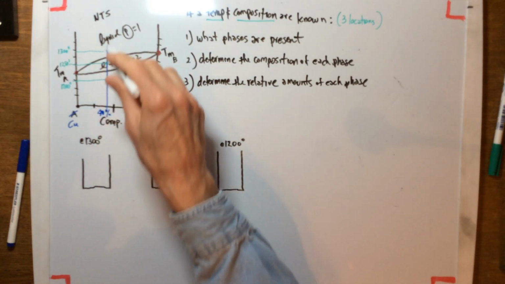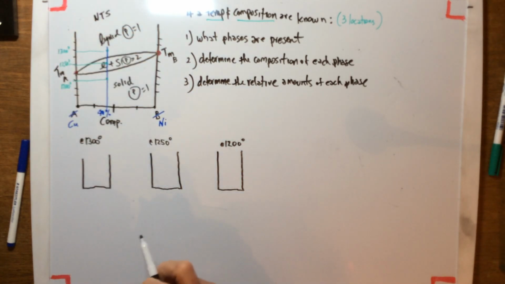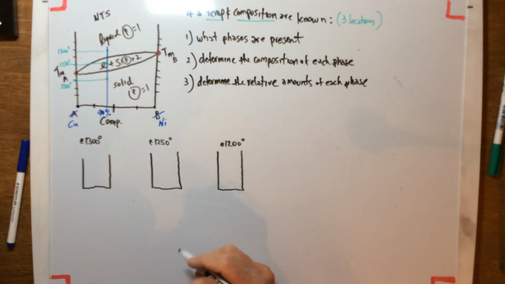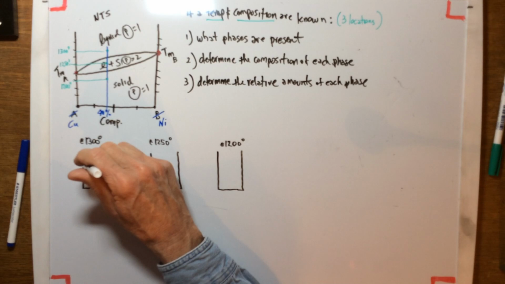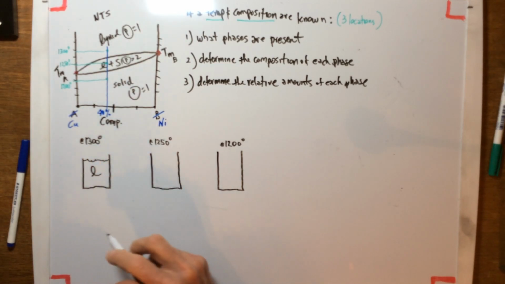At the 1300 degrees, which is up here, what phases are present? It's going to be all liquid. I know that's not what it looks like, but basically it's going to be all liquid.